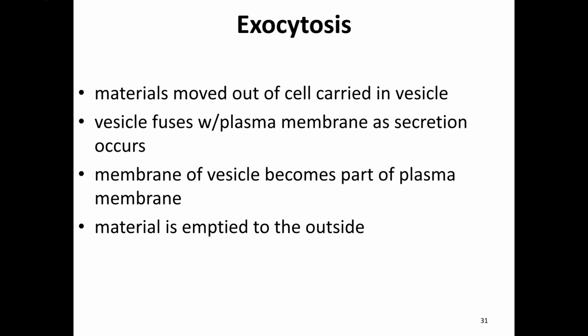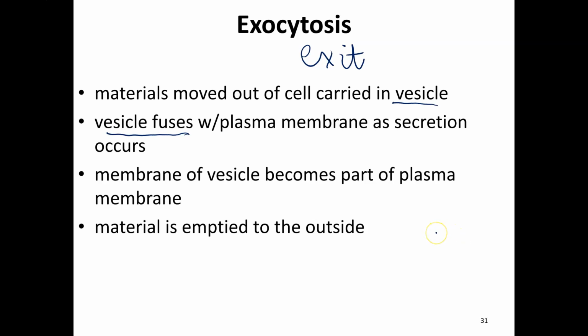So with exocytosis, remember this is exiting the cell, materials move to the cell membrane, and then this vesicle that is carrying some type of material fuses with the cell membrane and becomes part of the plasma membrane.